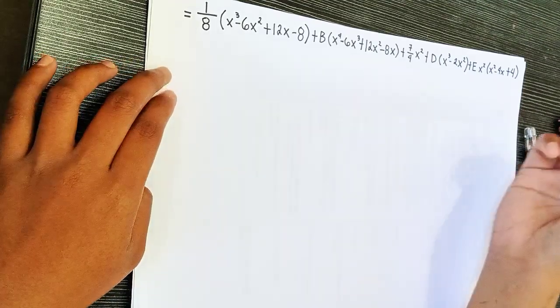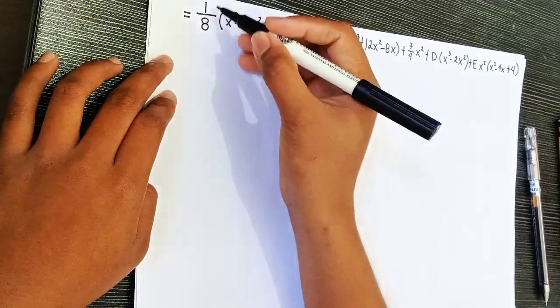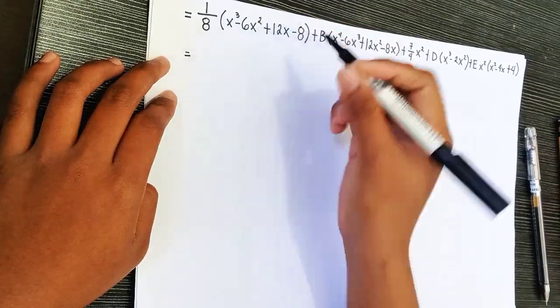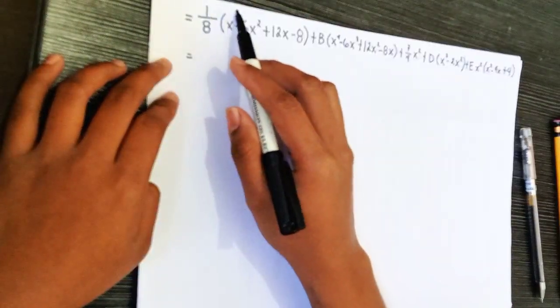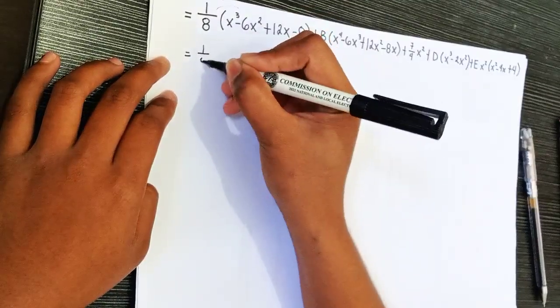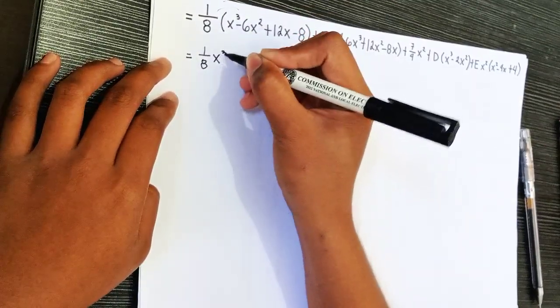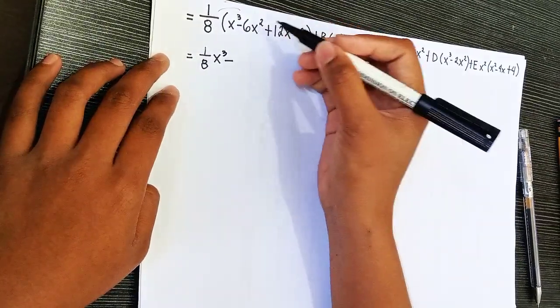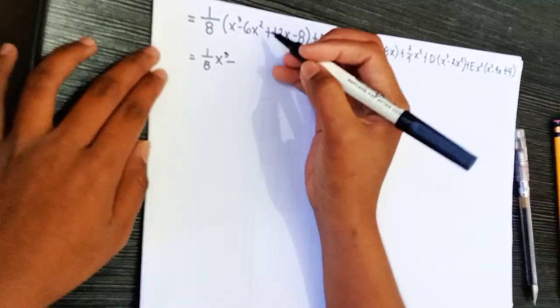Okay, so for the simplifying, we will distribute 1/8 dito. So we have 1/8 x cubed minus 6/8.